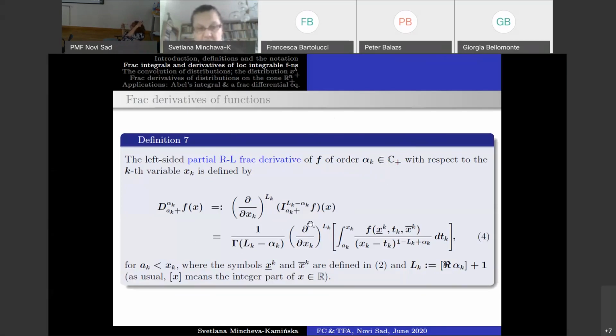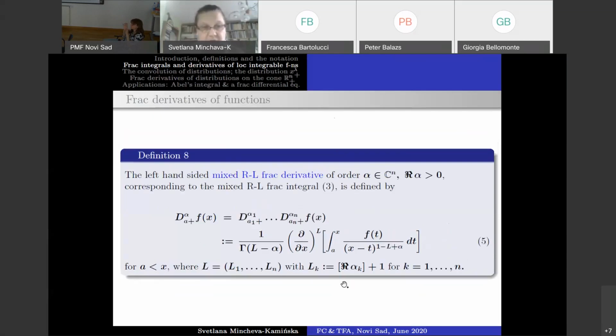And in this formula, capital lambda K is such a real number, which is the real part of alpha K, respectively, plus 1.